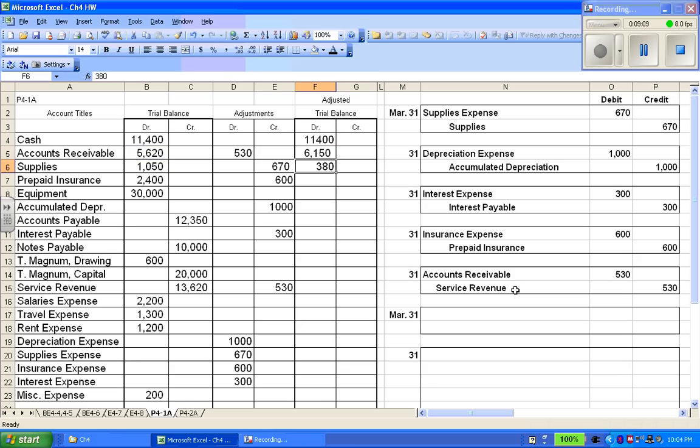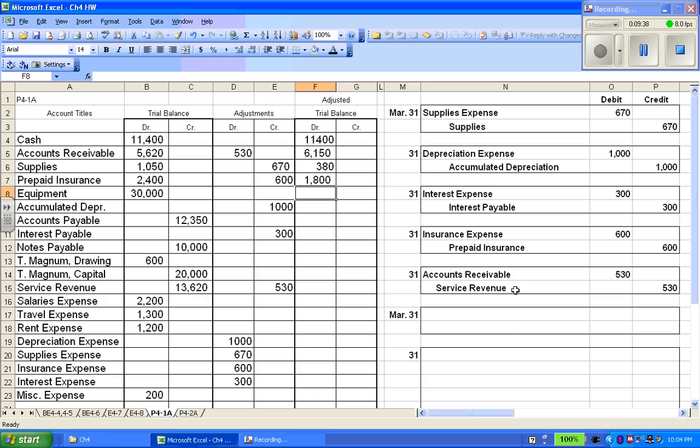My supply account should have a $380 balance because of that adjusting entry. We have a debit of 1,050 and a credit of 670, and that'll give me the 380. All right, let's see. Prepaid insurance. I have a debit of 2,400, and I want to reduce that by the adjusting entry, which is a credit of 600.